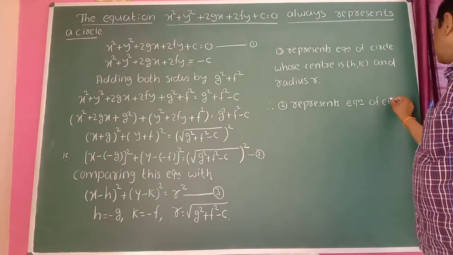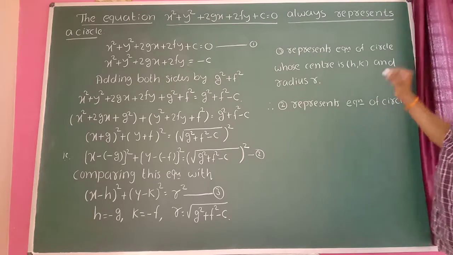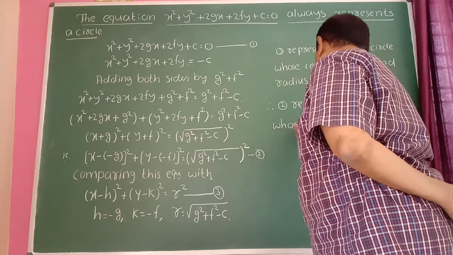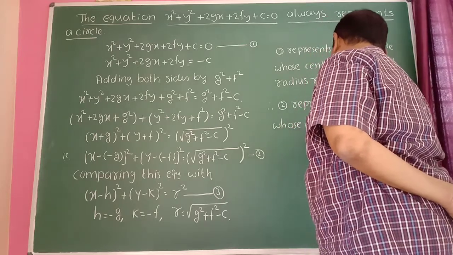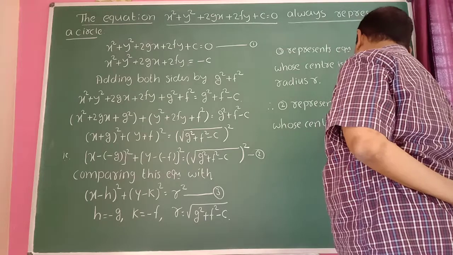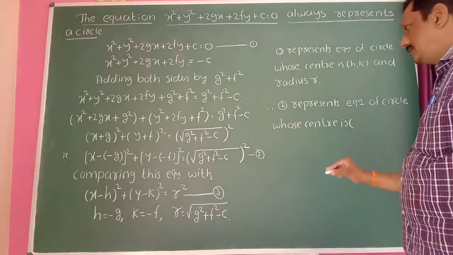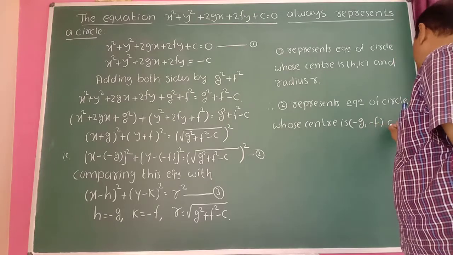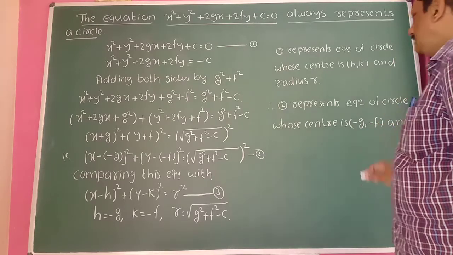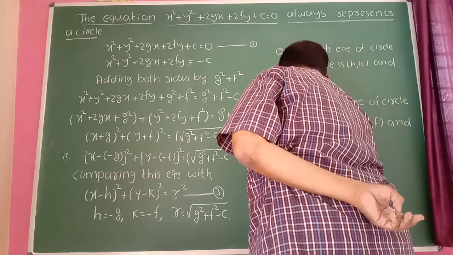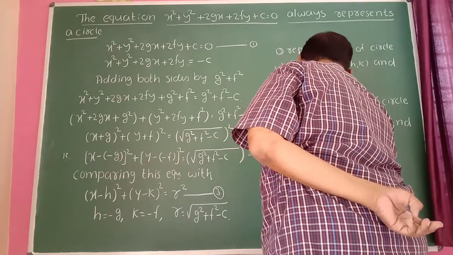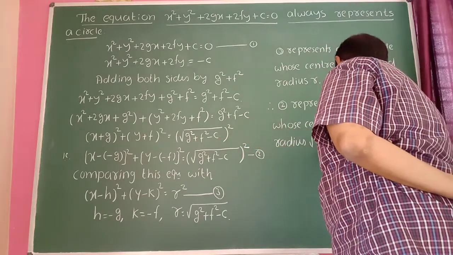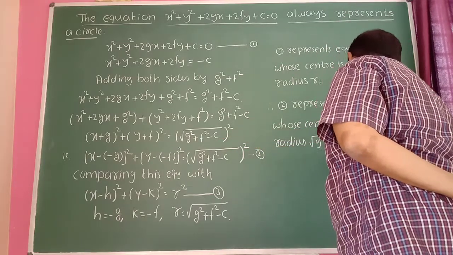Equation of a circle whose center is (-g, -f) and radius is root of g square plus f square minus c.